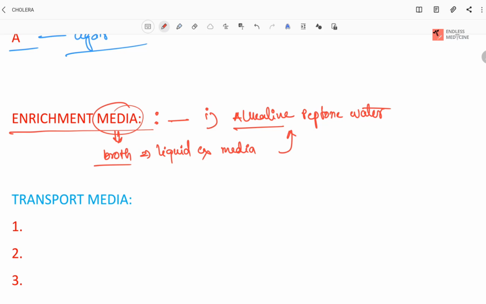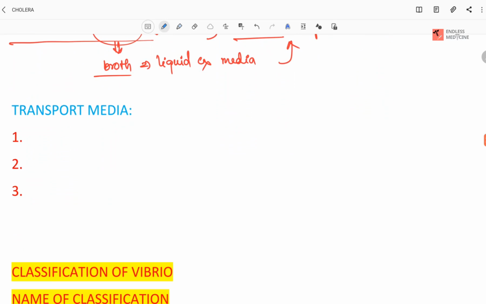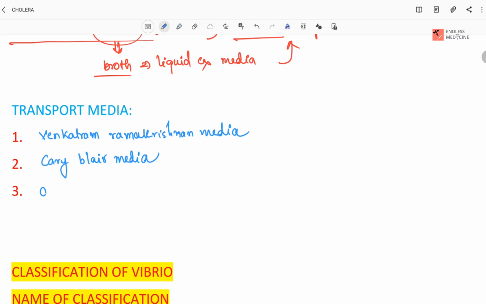Now come to the transport media. Three transport media are present: Venkatraman Ramakrishnan media, Cary Blair media, and third, alkaline peptone water again.